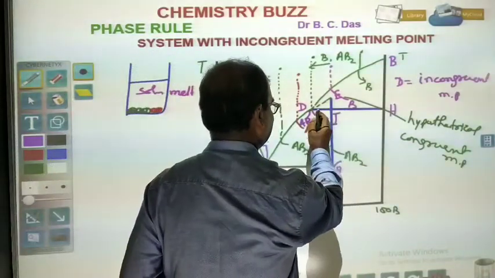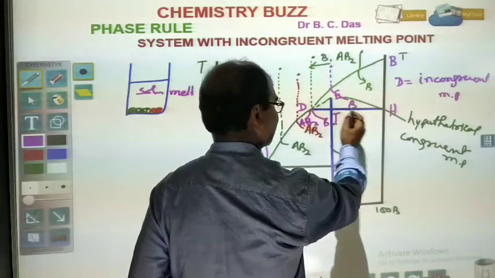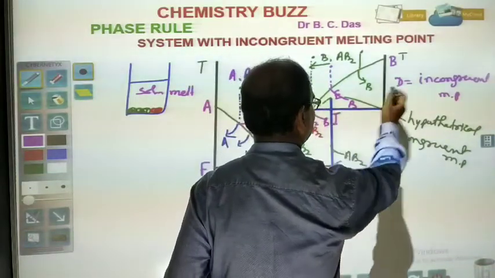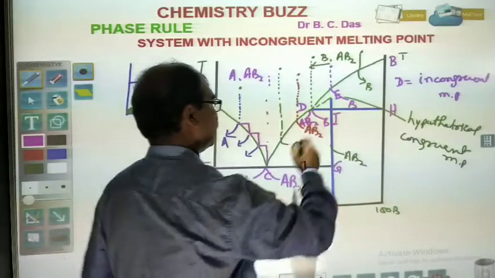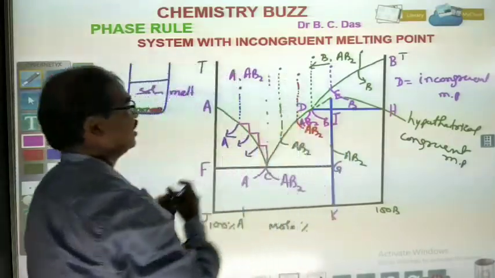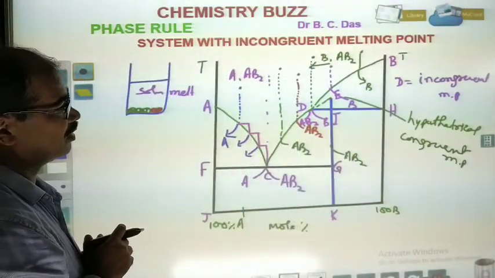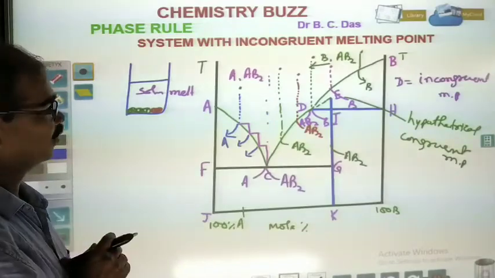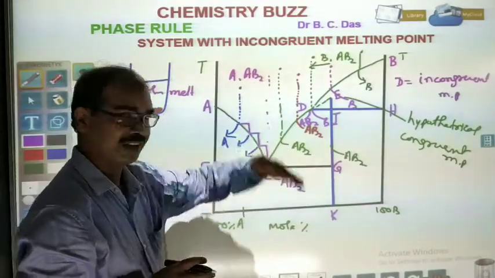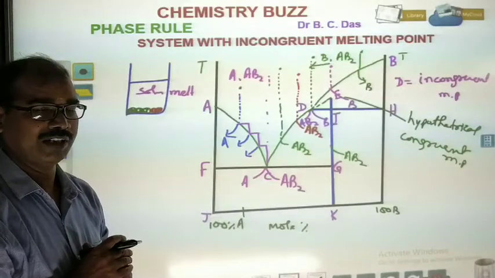So here, D is the incongruent melting point. In this system, you are not getting a point where the total solution can be transformed to solid AB2.